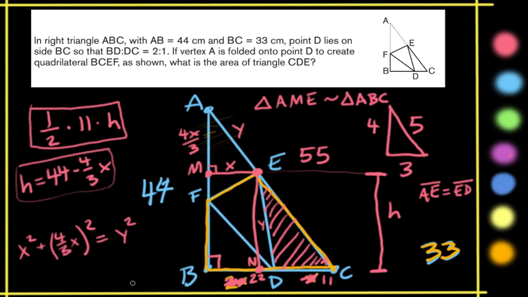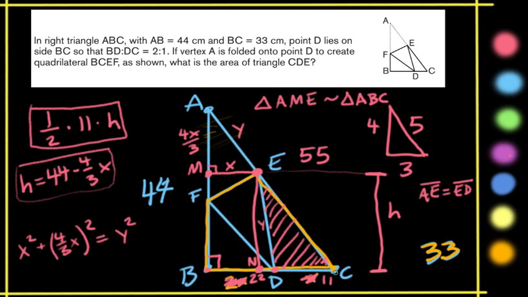So ND. What is ND? 22 was from B all the way to D. We don't know where N is, but we know that this NC has got to have that same 3:4 ratio with our height.